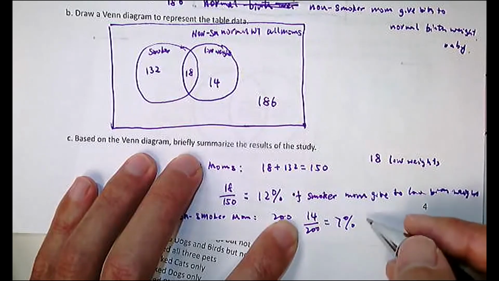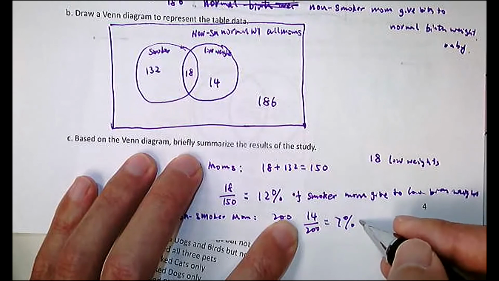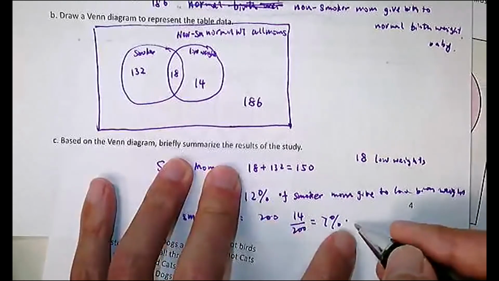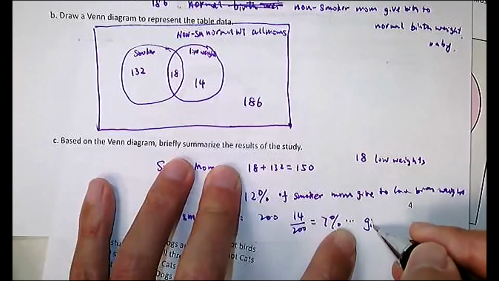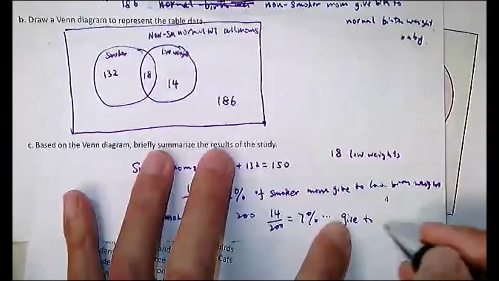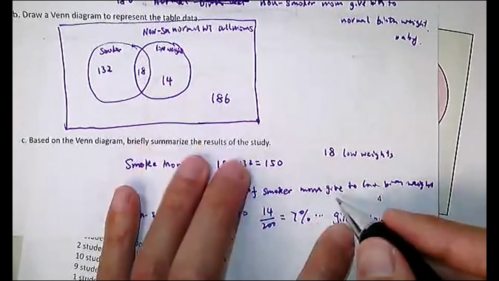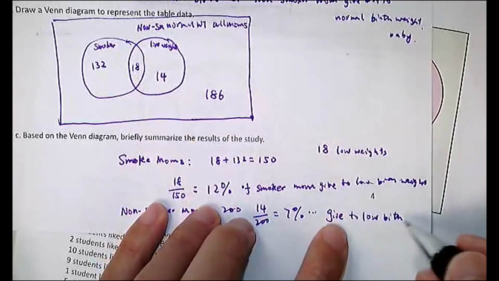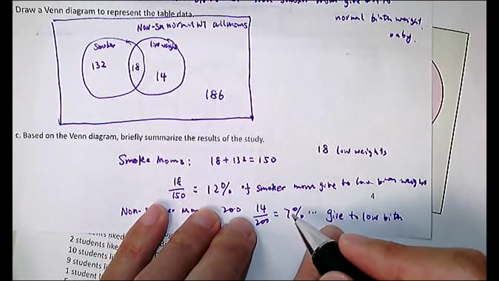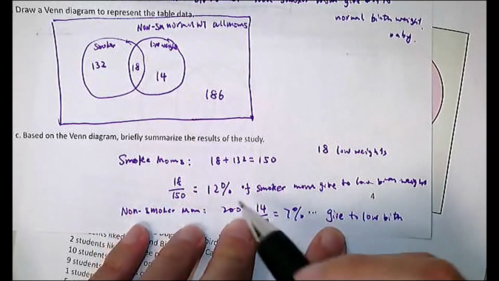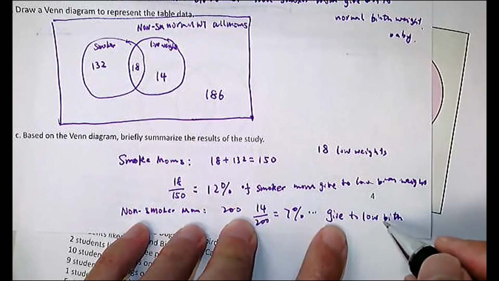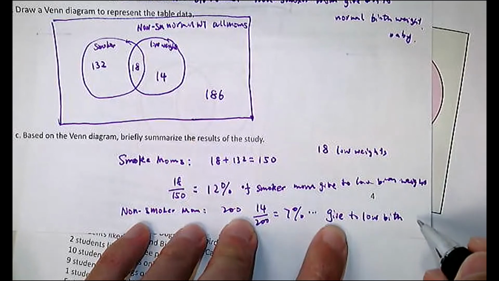So 7%. Sorry, my writing is a bit messy here, so I hope everyone can understand. Only 7% of non-smoking moms give birth to low birth weight babies.